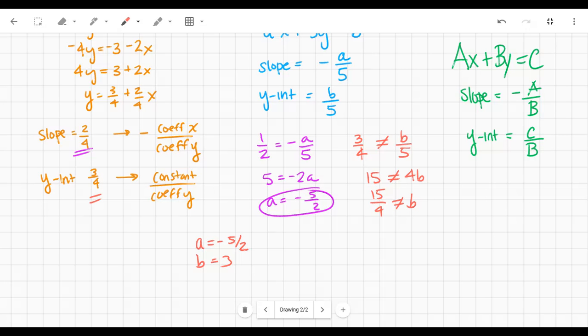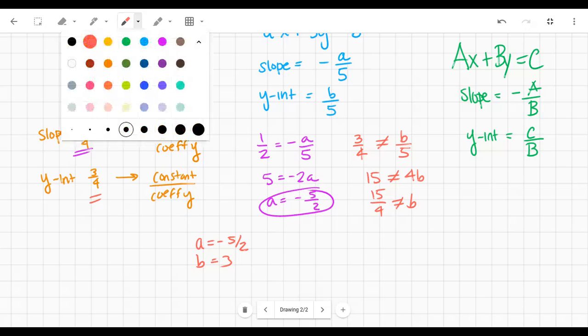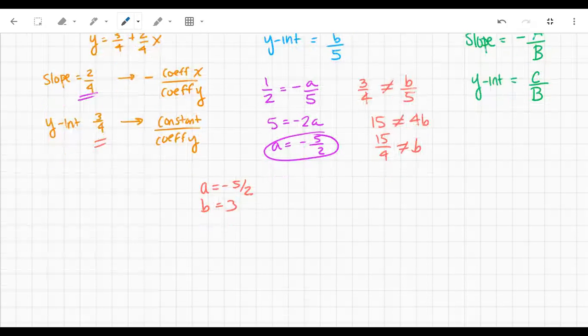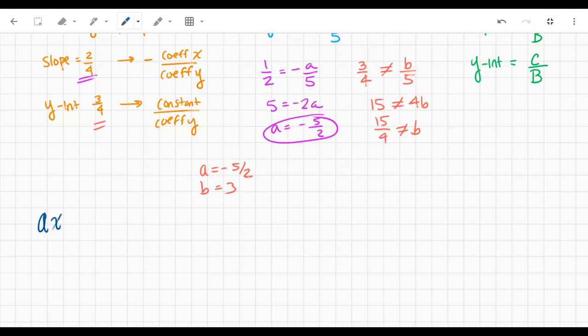I'm going to do another one of those for you, a little bit quicker. ax minus 5y equals negative 6, and 3x plus 2y equals b.